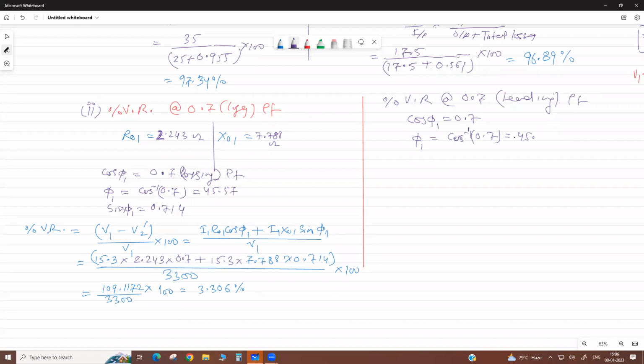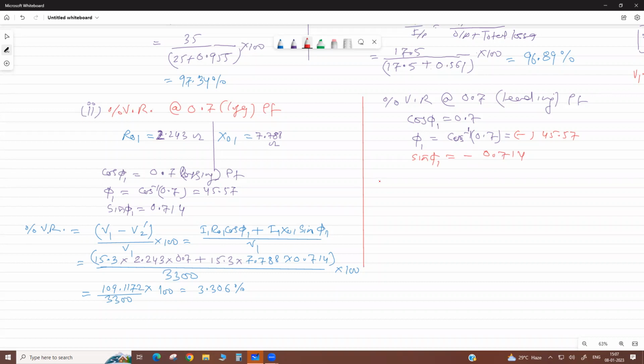But at leading power factor, this angle is negative, minus. This angle will come negative. Then if we calculate sin phi 1, it will give a negative value, minus 0.714.